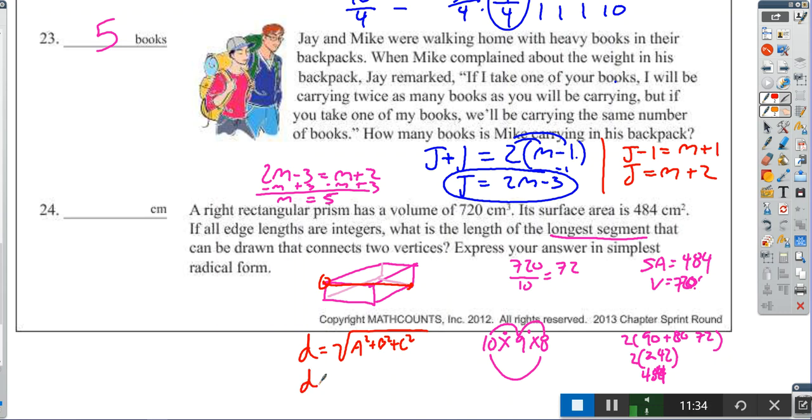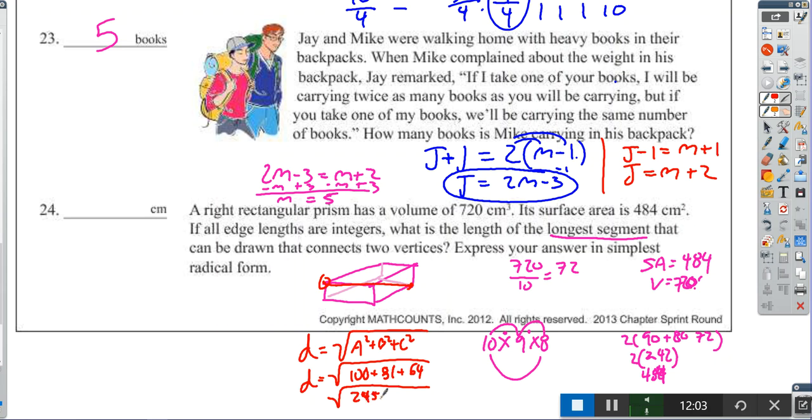So I know the diagonal is equal to the square root of 10 squared, so that's 100, plus 9 squared, which is 81, plus 8 squared, which is 64. So that's the square root of, add those together, and I get 145, plus 100, so I get 245. Now, I don't know what goes into 245 that's a perfect square.